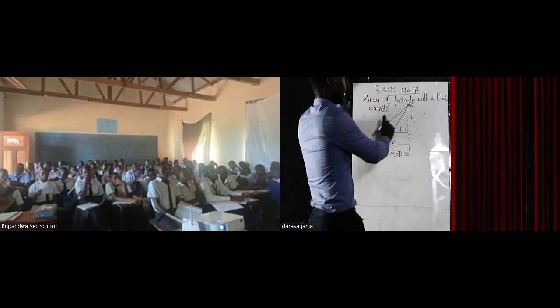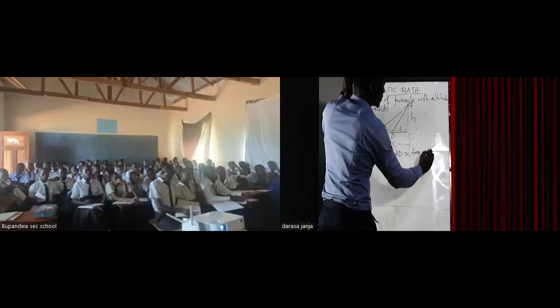So the area of triangle, I'm using this sign. If you look at this sign, it means triangle. ABD, this one. To get the area of this triangle, you have to find the area of the big, large triangle. The area of my large triangle is ABC, subtracting the area of the small triangle.